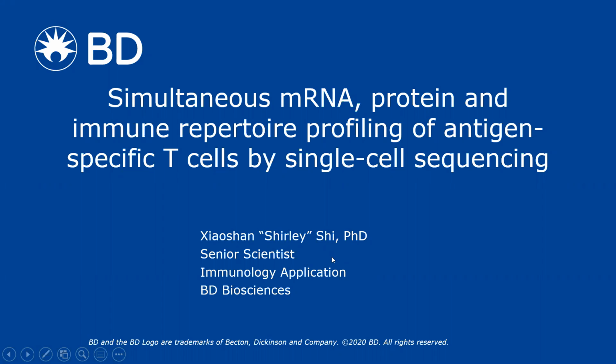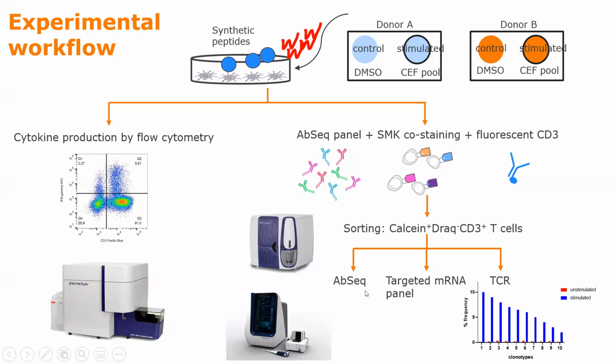Today, I'm going to present you my poster on simultaneous mRNA, protein, and immune repertoire profiling of antigen-specific T cells by single-cell sequencing. In this experiment, we stimulated T cells from two donors, measured their cytokine response using flow cytometry, and then sorted the cells and captured them on the Rhapsody single-cell analysis system.